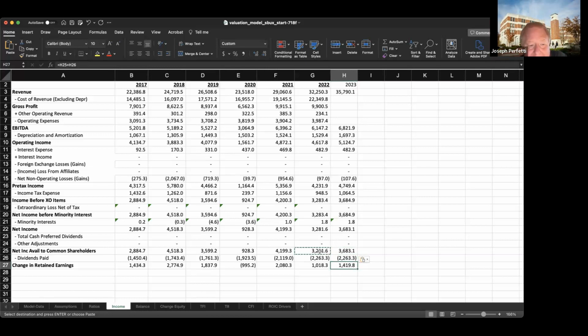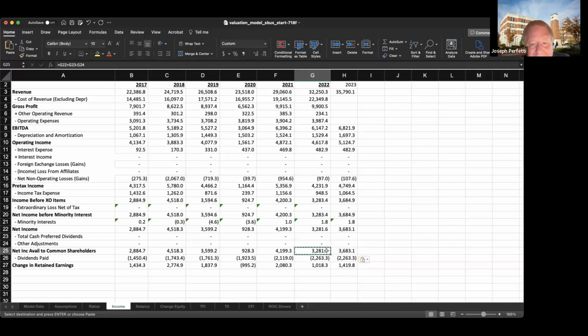The reason why I had you copy this formula over is the same thing happens with cash preferred dividends. Even though Starbucks does not pay preferred dividends, if another company did, this would be a negative number.